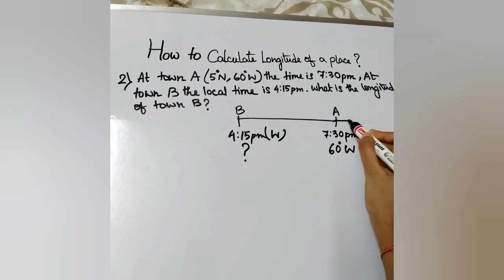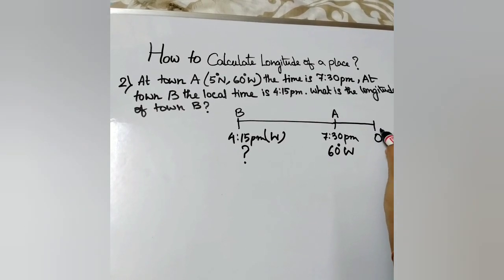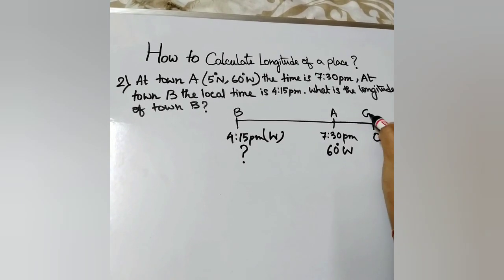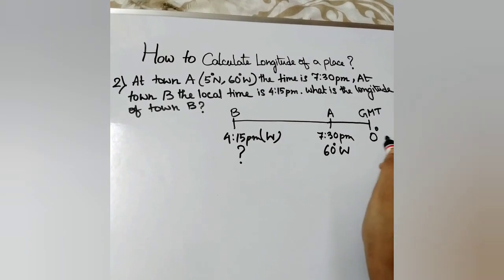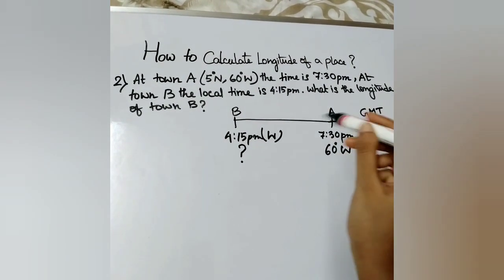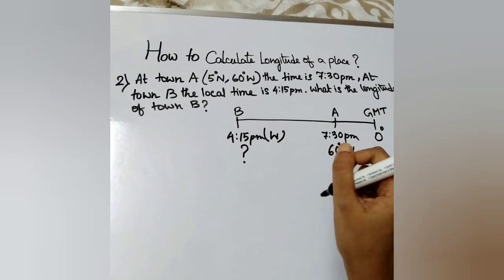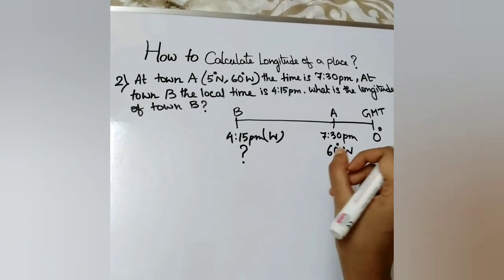And we know if both are in the western hemisphere, 0 degree will be here, that is Greenwich Mean Time. So in this case, both town A and B are in the same hemisphere, then at the end of the sum we will add the longitude.